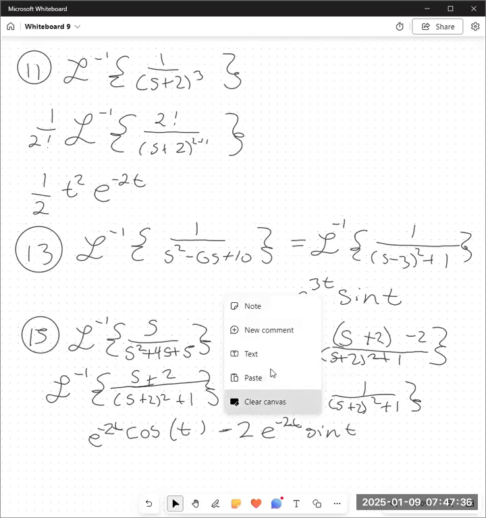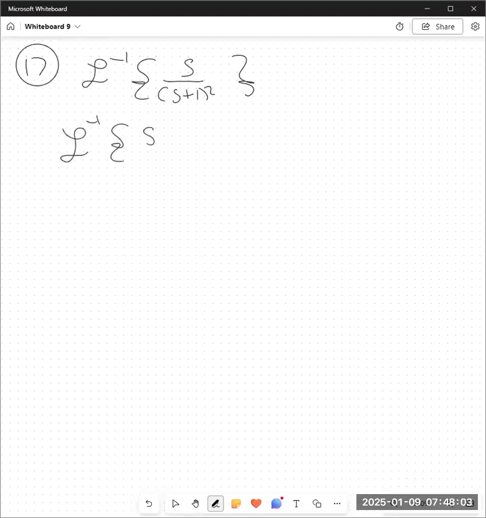Let's go ahead and look at number 17. Inverse Laplace transform of s over s plus 1 squared. So I'm going to want inverse Laplace transform s plus 1 minus 1 over s plus 1 squared.